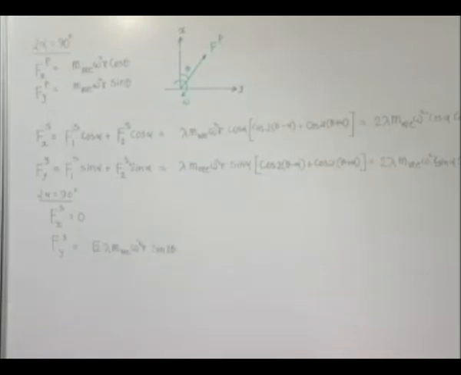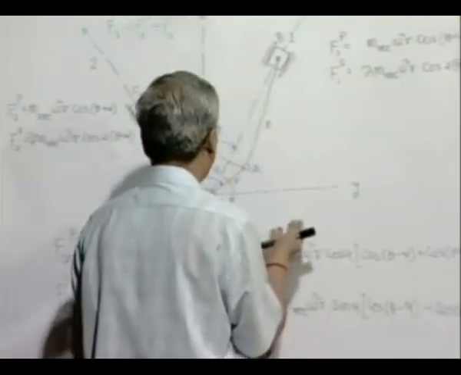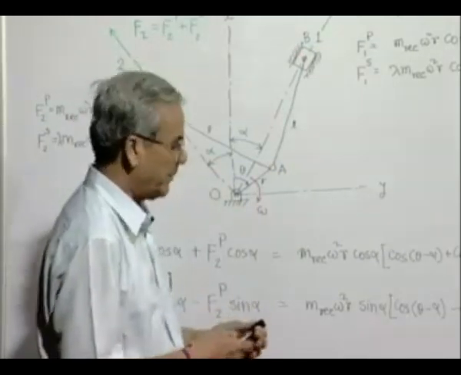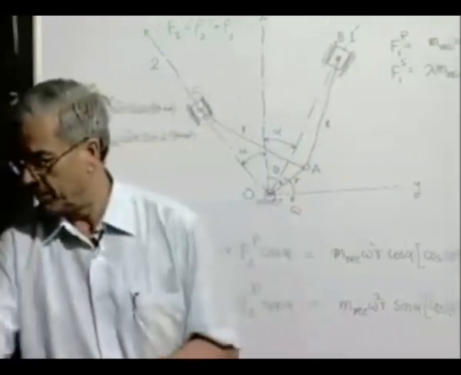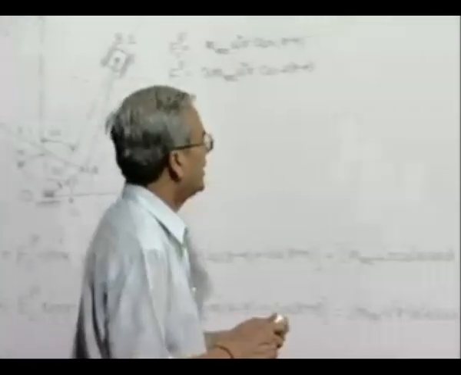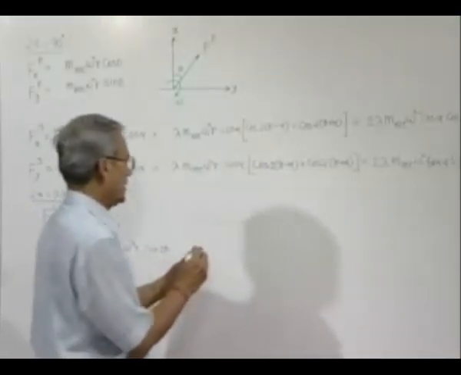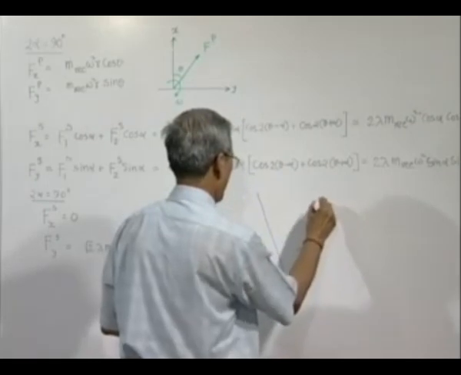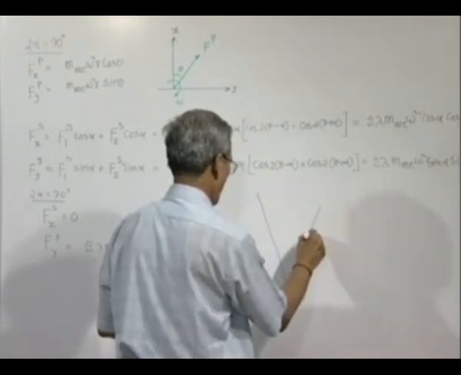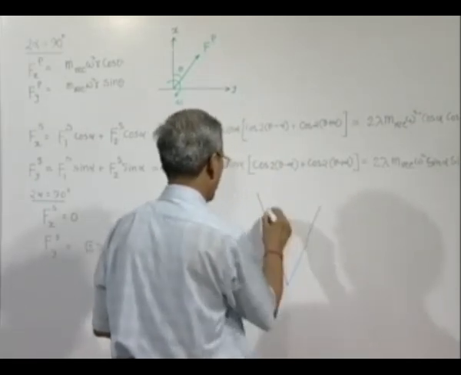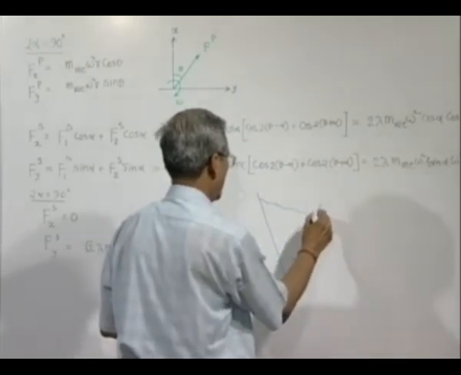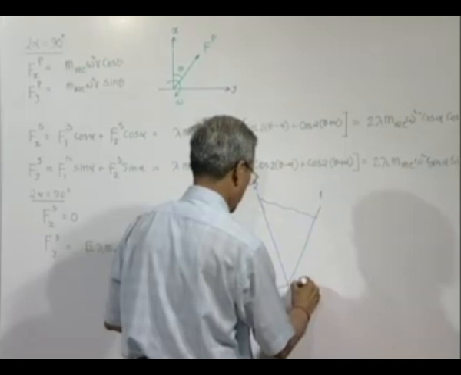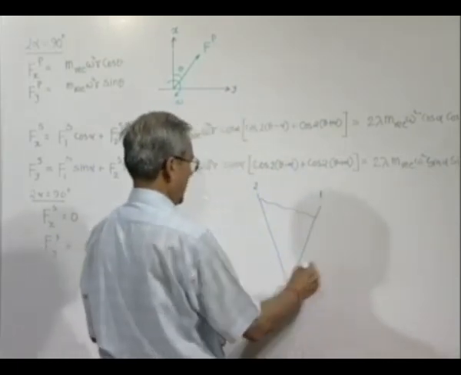Now, to balance this secondary force, of course, we have to take help of some active balancing system. Maybe we can indicate it like this. This is the plane containing the two center lines and obviously this is the axis of the crank.